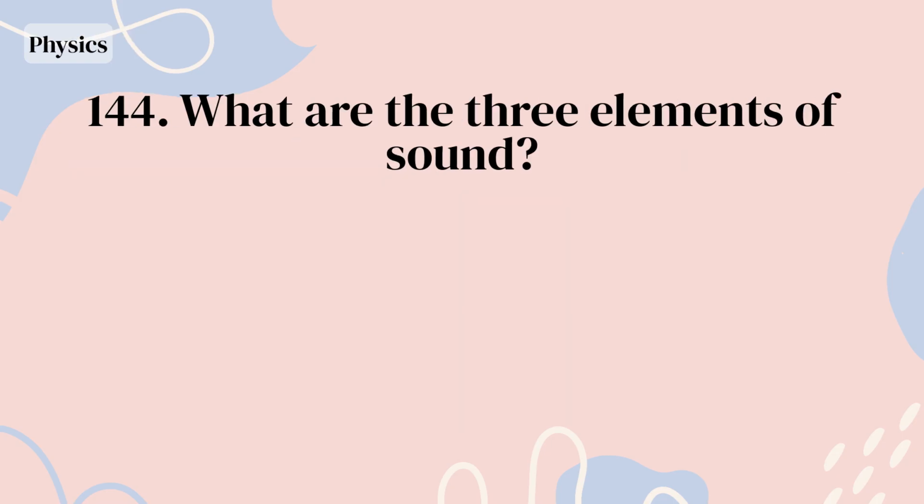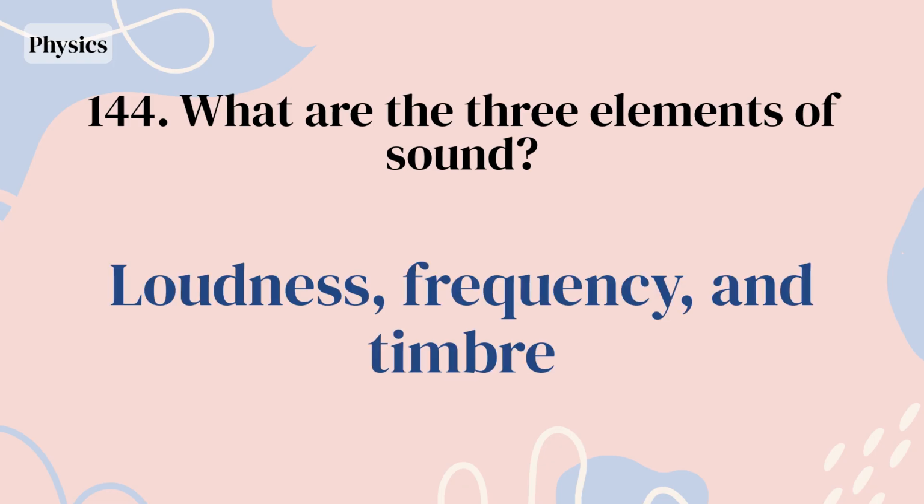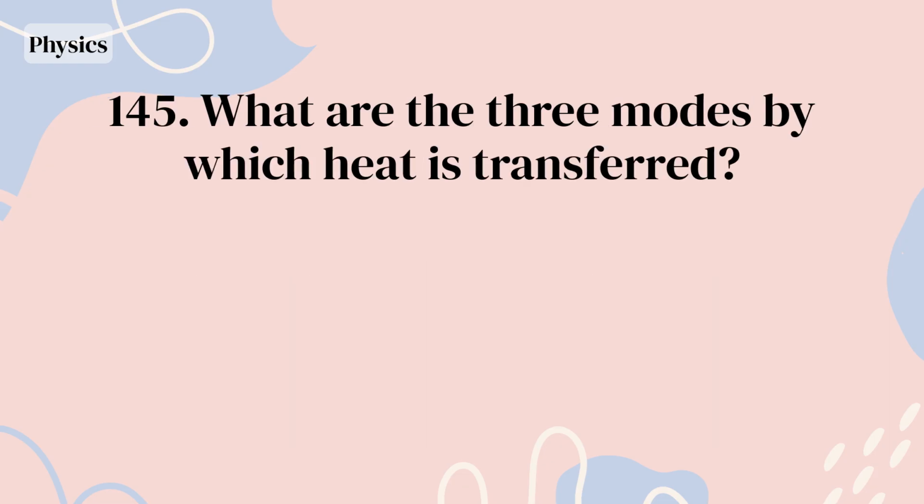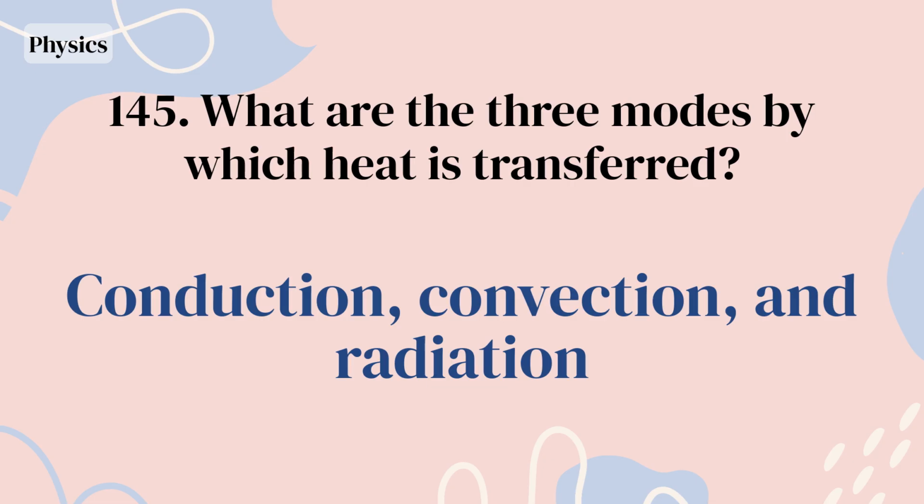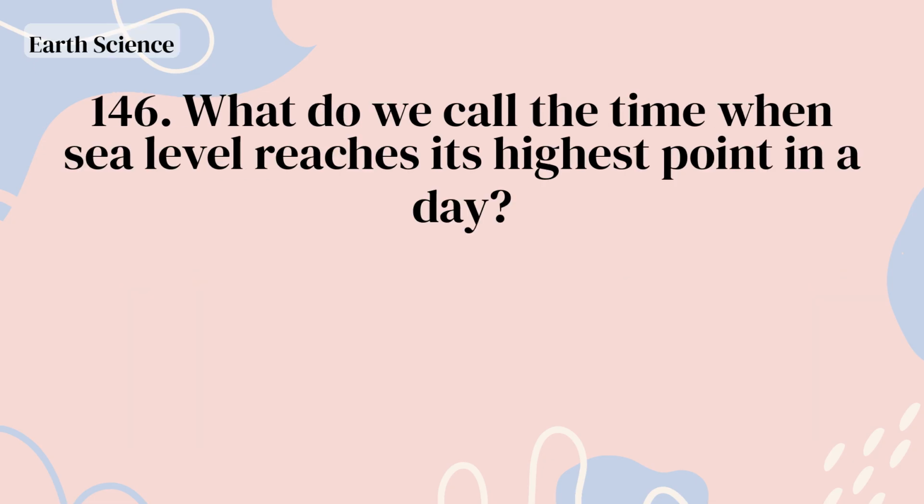What are the three elements of sound? Loudness, frequency, and timbre. What are the three modes by which heat is transferred? Conduction, convection, and radiation. What do we call the time when sea level reaches its highest point in a day?